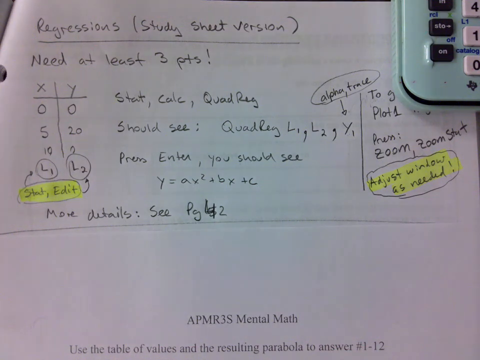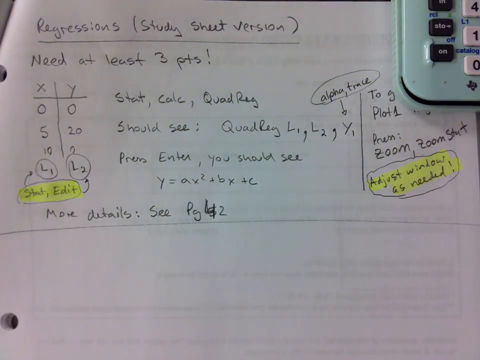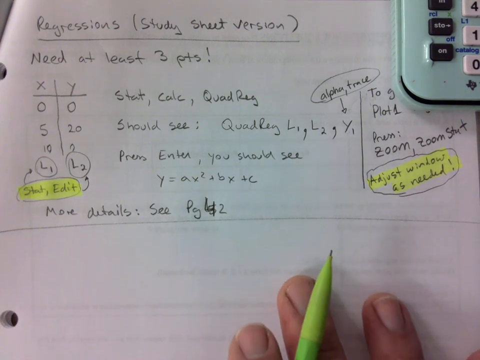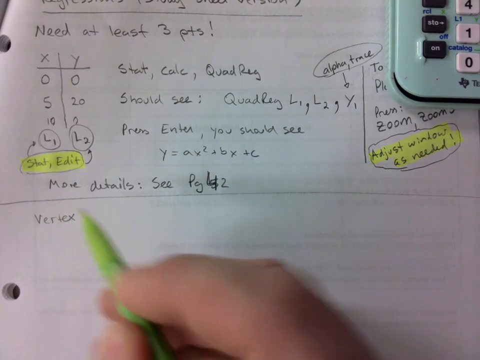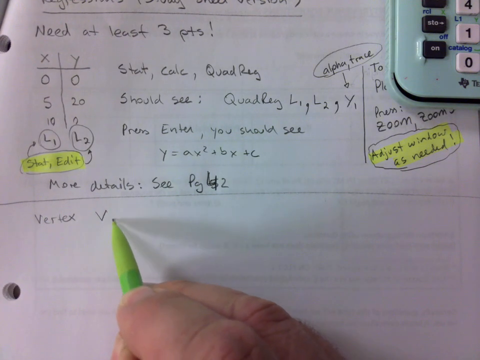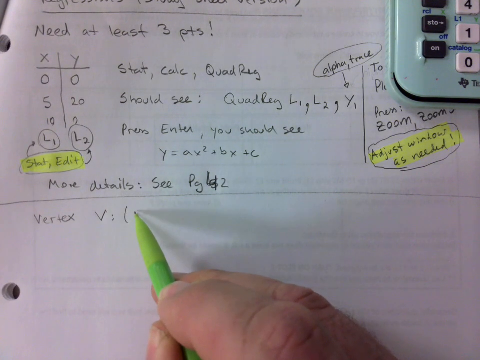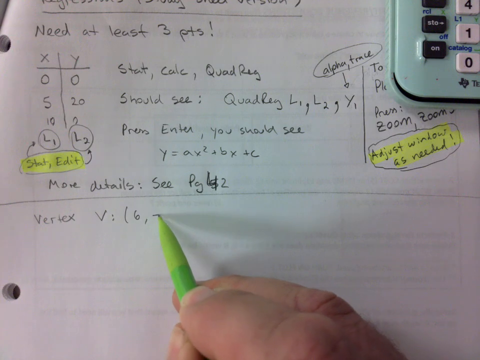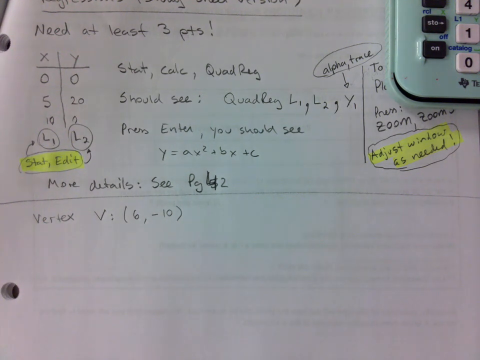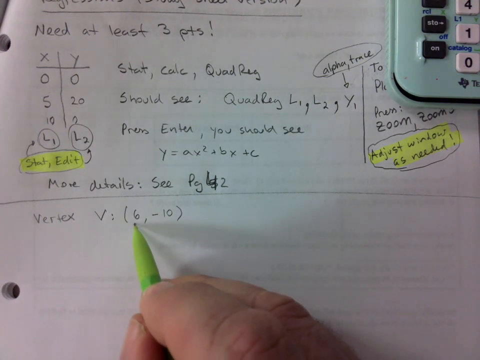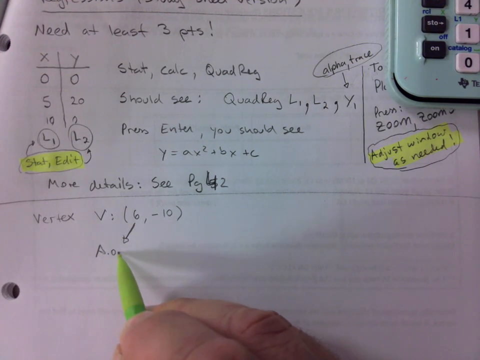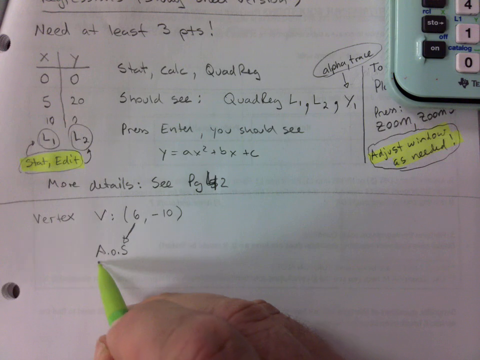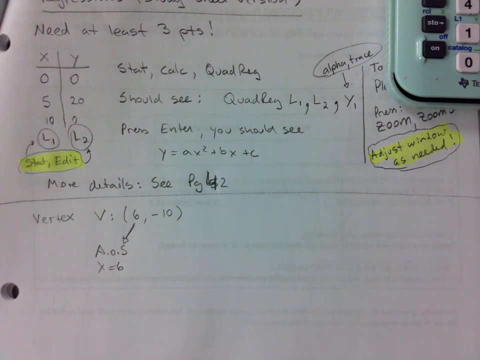In addition to that, this can fit anywhere on your study sheet under quadratics. I will say this: the vertex could be stated like this. Vertex is (6, -10), let's say. This gives you the equation of the axis of symmetry. If I ever ask you that, you just say x is equal to 6.